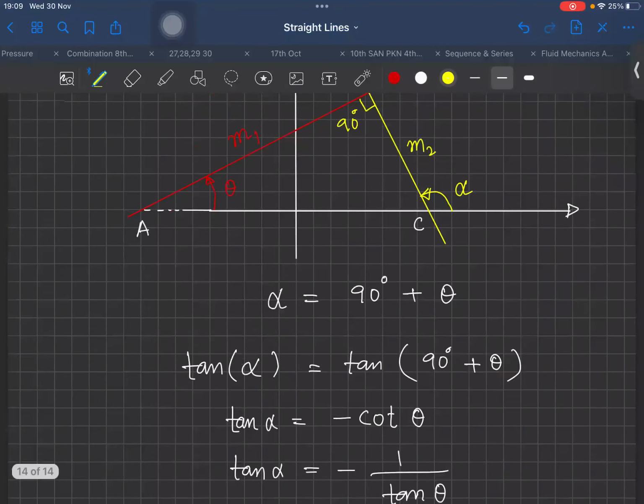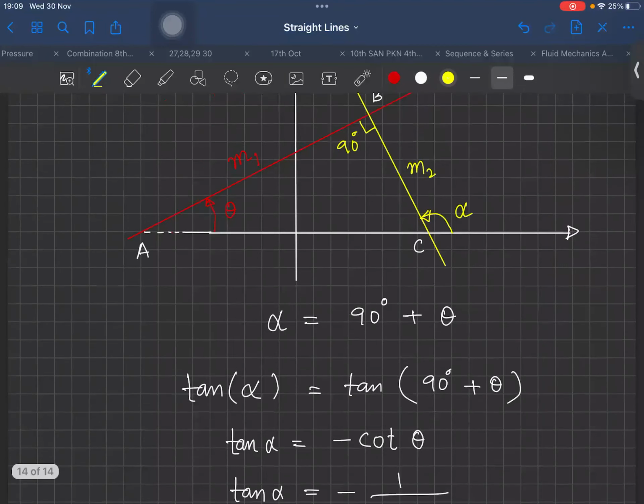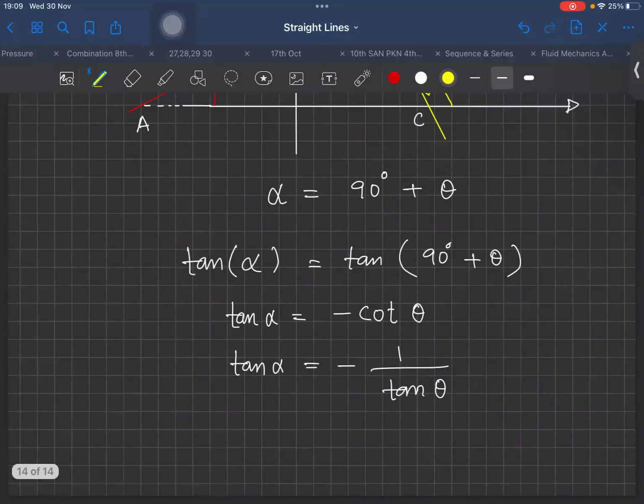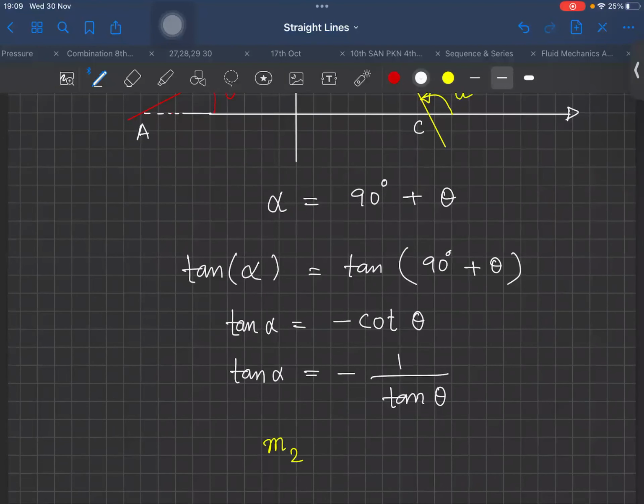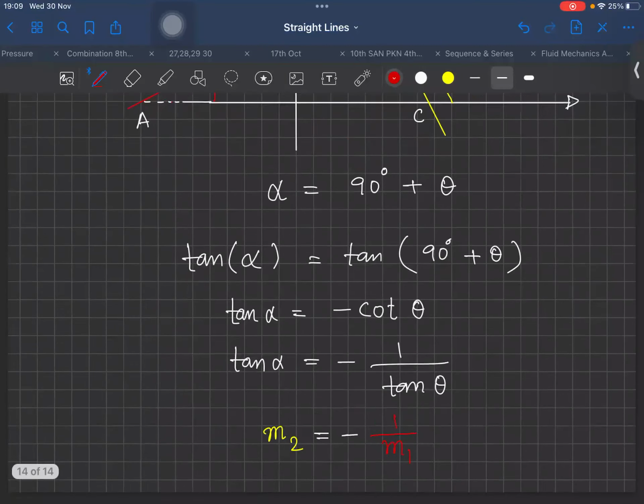Now what is this tan alpha from this diagram? M2, the slope of line L2. So M2 will be equal to minus 1 upon M1. Got it?